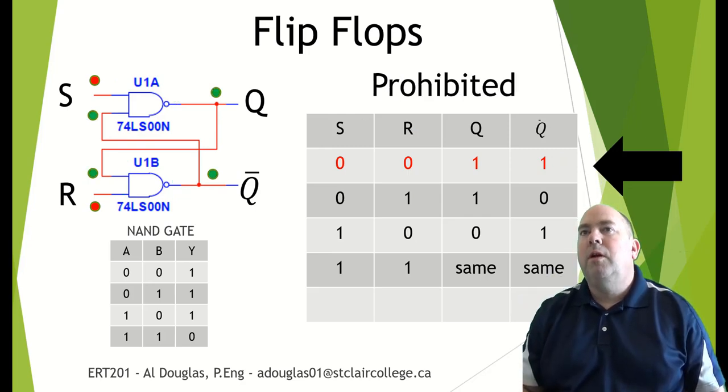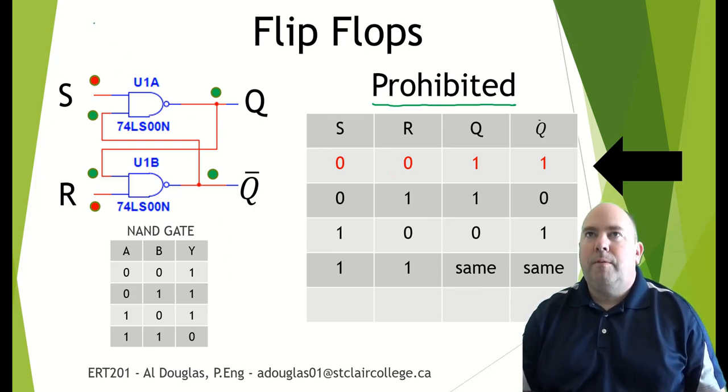Now, important thing to remember, we're going to call this the prohibited state here. We should never actually get this because we always want to have either the S or the R inputs, one of these should always be a 1. So one thing that's weird about the RS flip-flop is that we are going to turn this to 0 to activate.